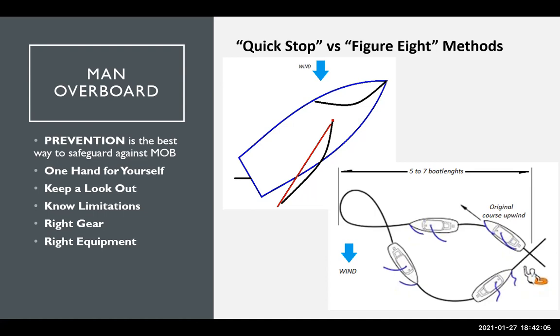But in ideal situations, you want to get the person who fell in the water back on the boat as quickly and safely as possible. So the first most important part of that is to make sure that you keep contact of the person or thing that has fallen overboard.